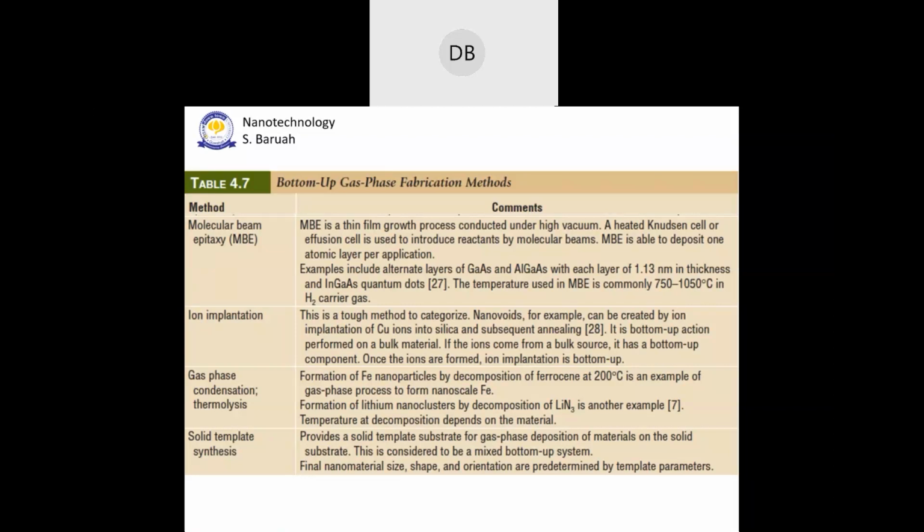But the thing is that we can use those facilities, because they're so expensive. All of a sudden, people started talking about nanotechnology and nanomaterials. Prior to that, a huge transformation came in the field of electronics because of the integrated circuits coming in.